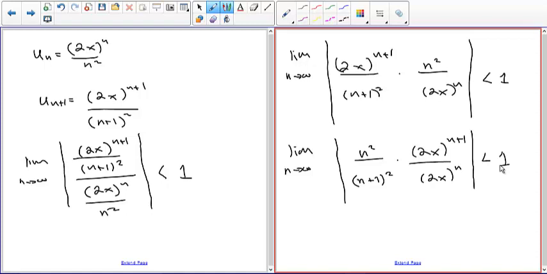So the kinds of terms that you're going to end up with are exponential type terms where the exponent is n, or n plus 1, which we can simplify using the properties of exponents. You end up with terms that involve n. A lot of times that ratio ends up being 1, which is what's going to happen in this case. When n goes to infinity, you're going to have n squared, and if you multiply this out, you'll have n squared plus 2n plus 1. And the lower order terms become insignificant, or you can take the ratio of the leading coefficients.